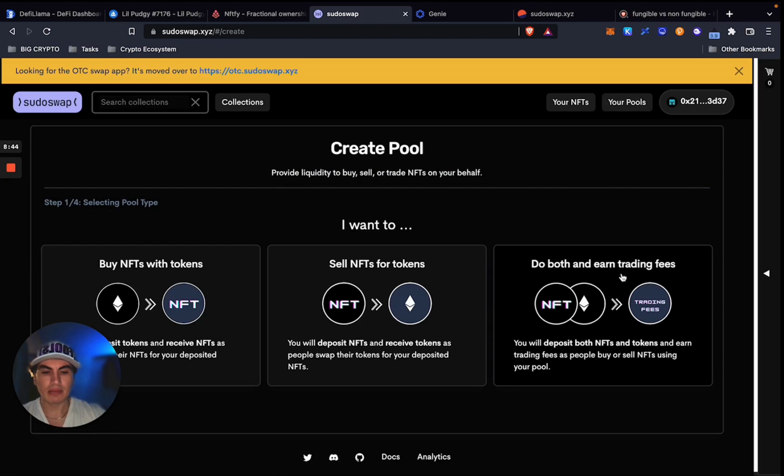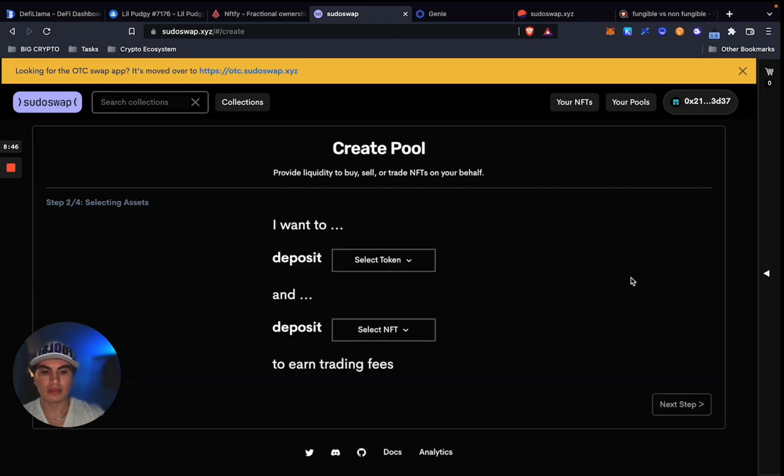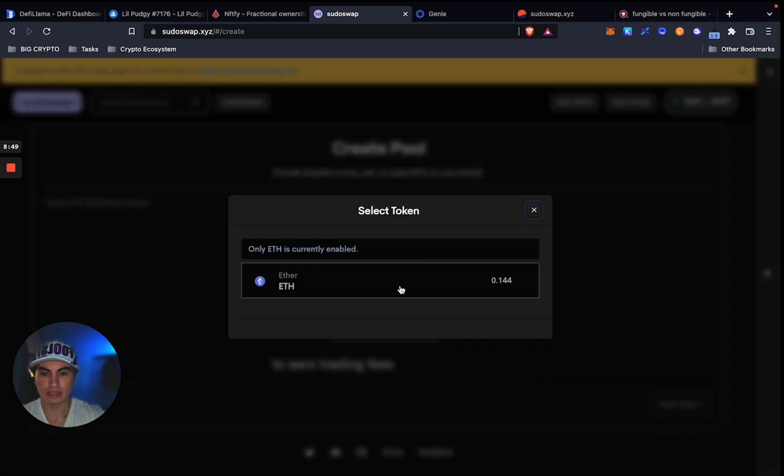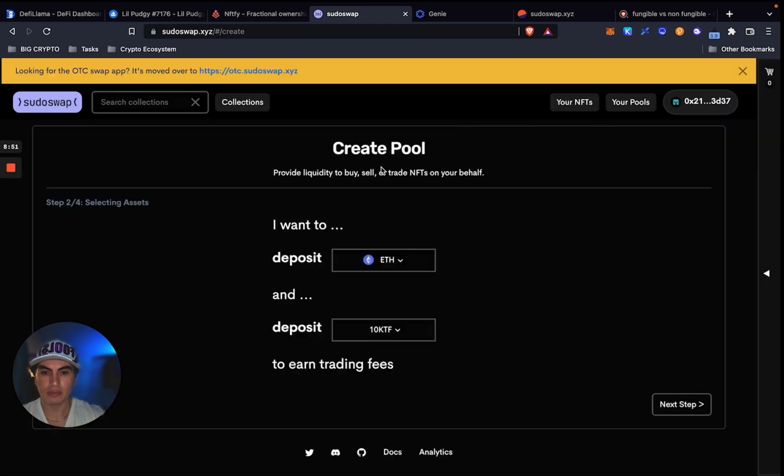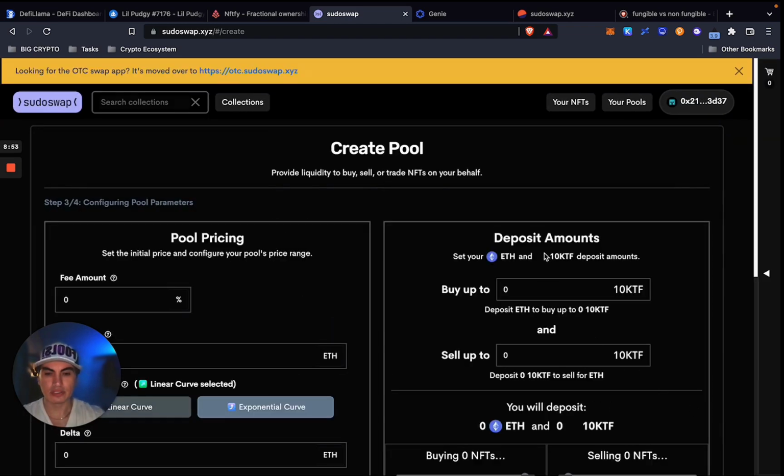And then at the same time, here is doing essentially both. So let's say I want to provide ETH and I want to provide 10K TF. So what I'm doing is essentially making a pool where one half is the NFT project, and the other half is the liquidity, the ETH.